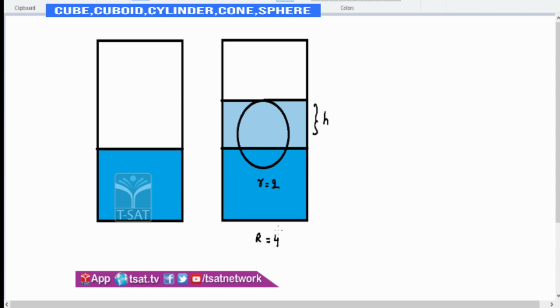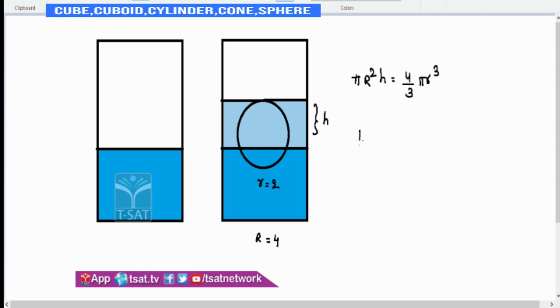All you have to equate is that the increased water level is because of the sphere. So the volume of the increased water level equals the volume of the sphere. So I would say pi R square h is equal to 4 by 3 pi r cube. Pi cancels.